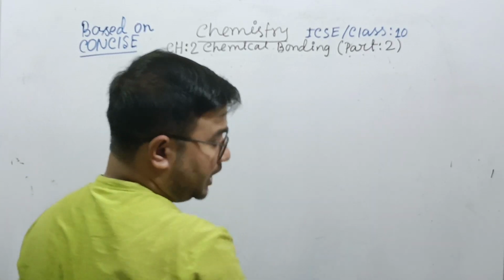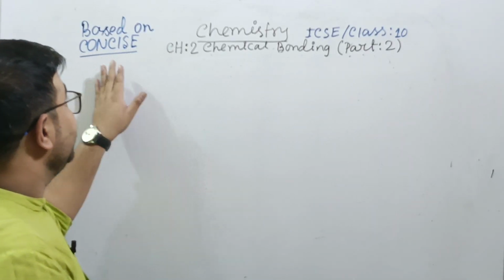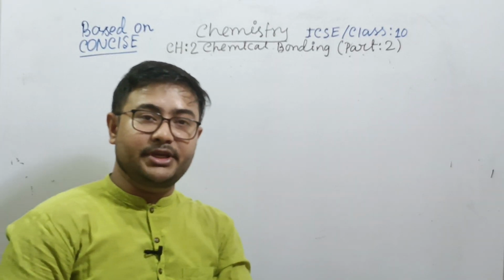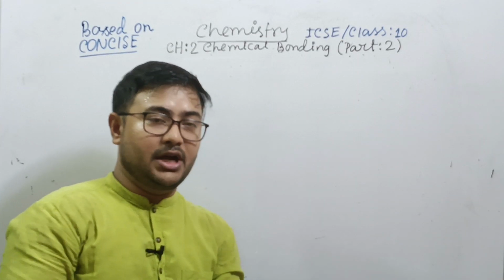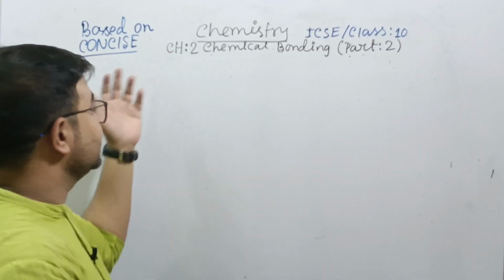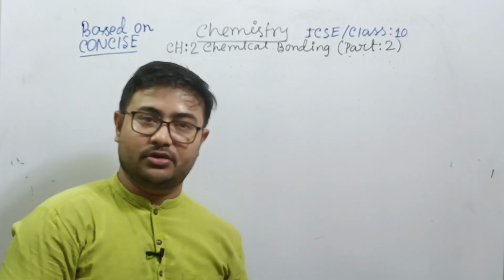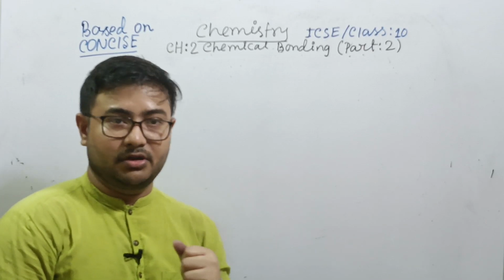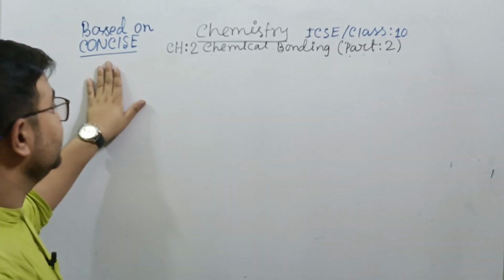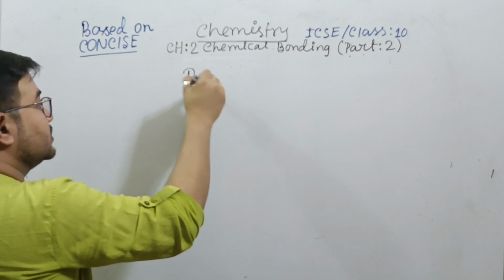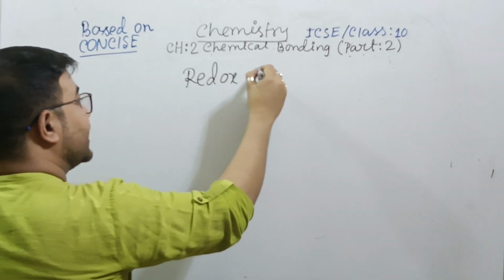Now according to Concise, our next and last topic under electrovalent bond. After this topic, we have nothing left in Concise about electrovalent bond. Then we have the new concept of covalent bond. What is the last topic? Redox reaction.